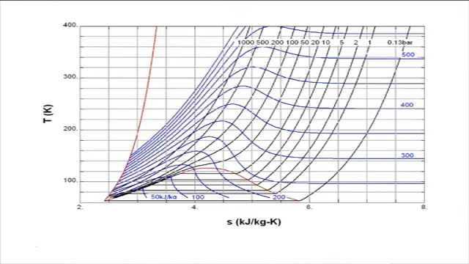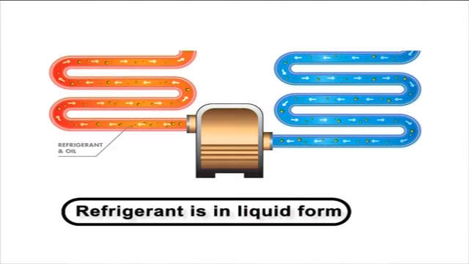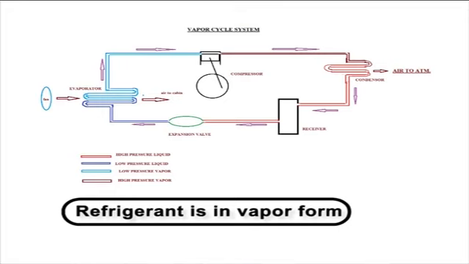The region in between the two curves describes refrigerant states that contain a mixture of both liquid and vapor. The locations to the left of the saturated liquid curve indicate that the refrigerant is in liquid form and locations to the right of the saturated vapor curve indicate that the refrigerant is in vapor form.